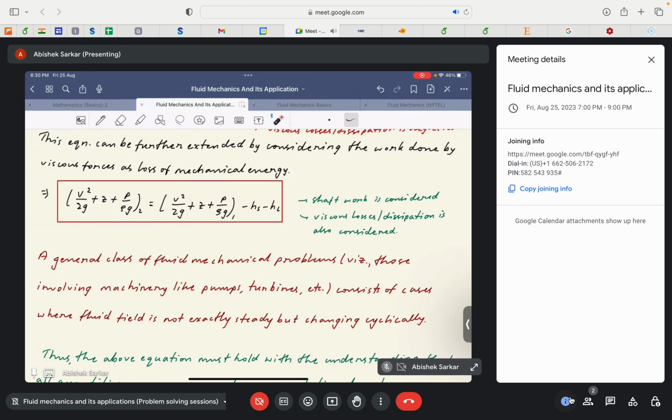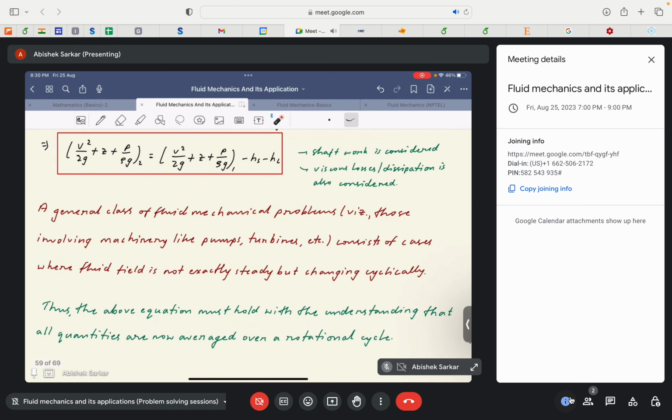Since the flow is in continuous motion, ideally this flow cannot be considered steady. Okay, but given the case that the flow remains steady for each cycle, then this form of the equation remains valid.